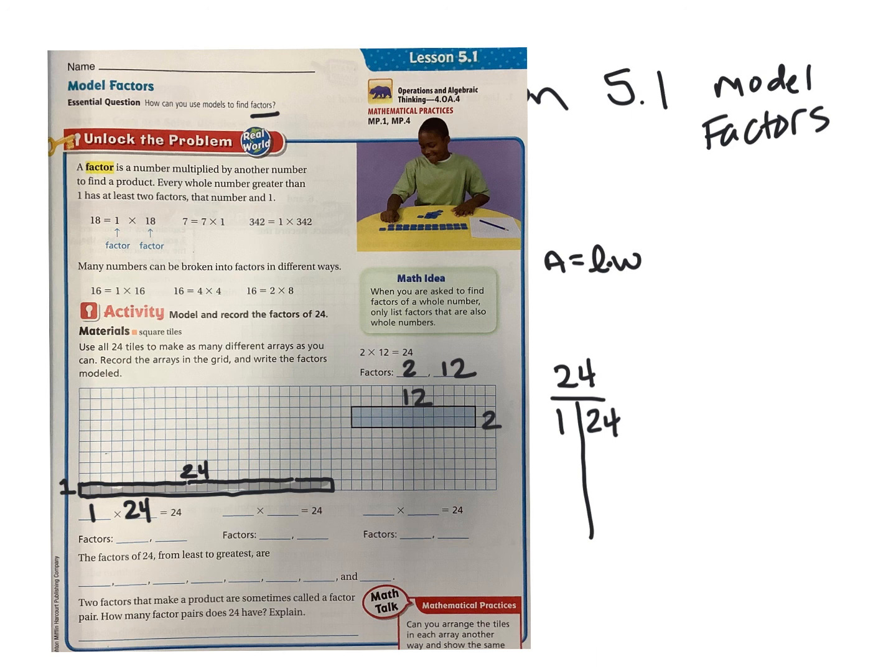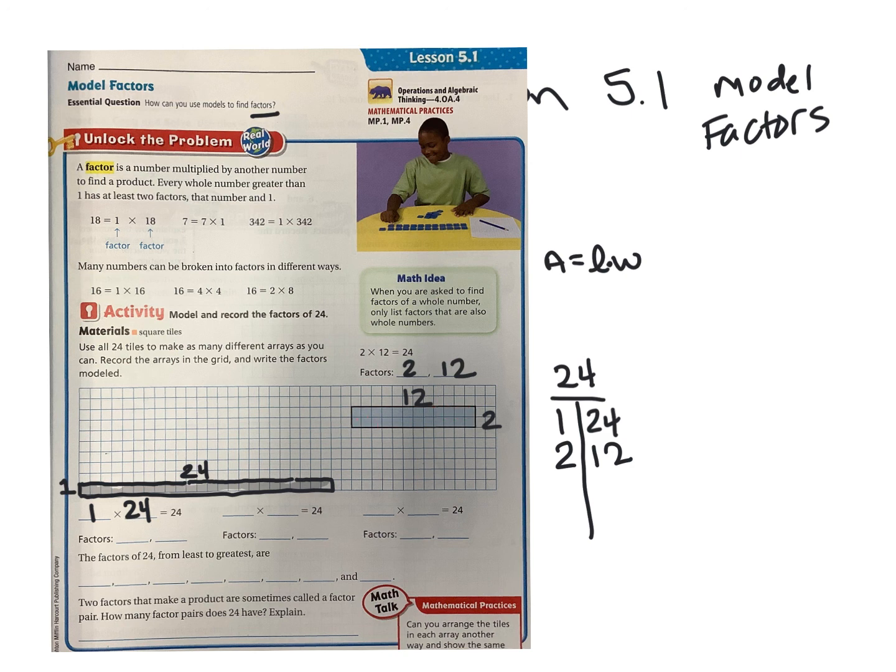Okay, what else? We already know about 2 times 12, so I'm going to put 2 times 12, and we already have the area of that rectangle. There's 24 inside because 2 times 12 is 24. Length 12, width 2. And 2 times 12 is 24. That's the area inside.